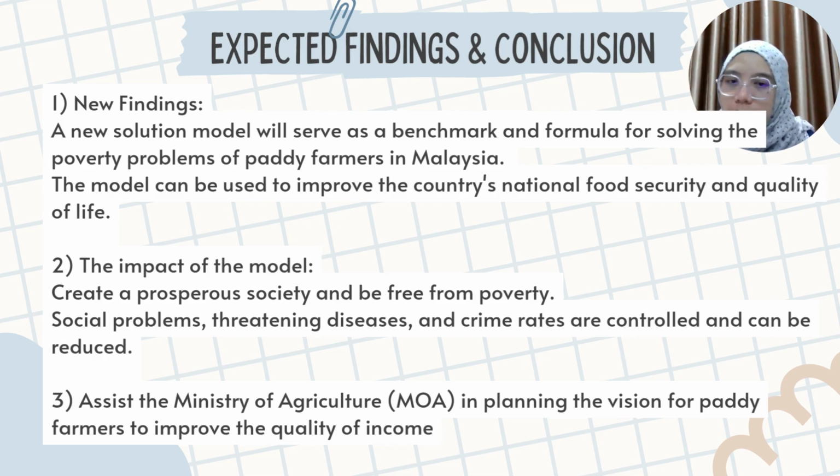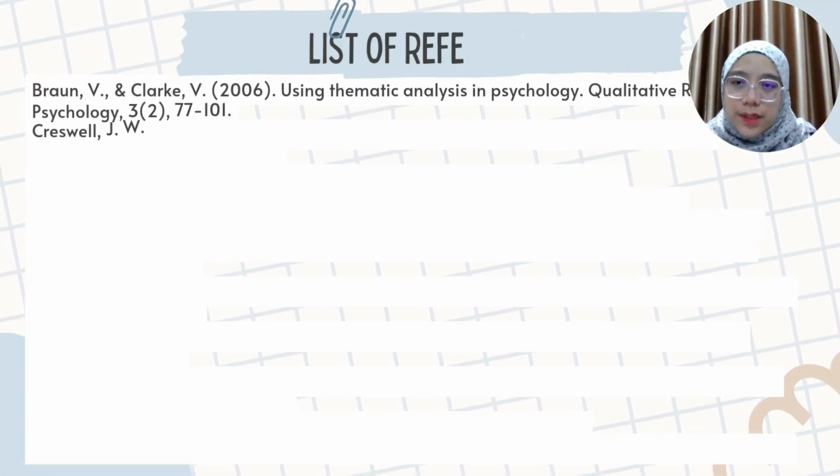Social problems, threatening diseases, and crime rates can be controlled and reduced. And the last one is to assist the Ministry of Agriculture, MOA, in planning the vision for paddy farmers to improve the quality of income. And this is my list of references.